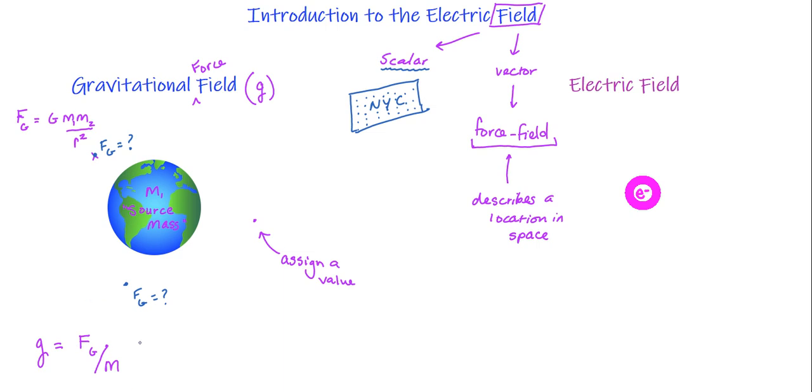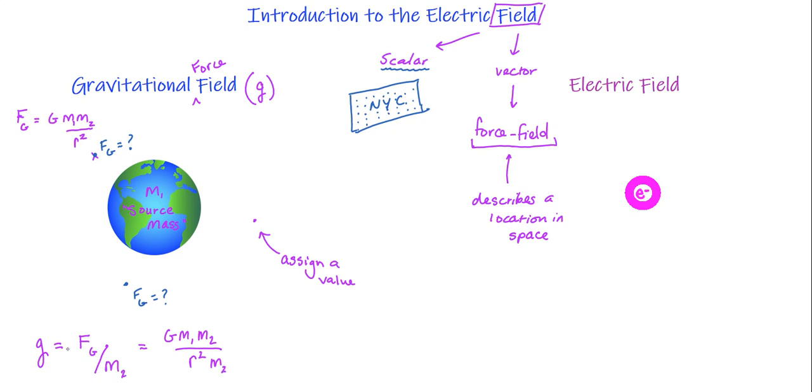So let's substitute the gravitational force equation into this definition of gravitational field. I'm going to plug in G times M1 times M2 over r squared, and then that needs to all be divided by mass. We already said M1 is the source mass. M2 is the mass that I would place at that location, so that's the same thing as this mass over here.